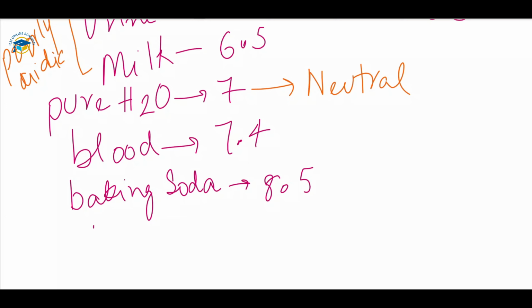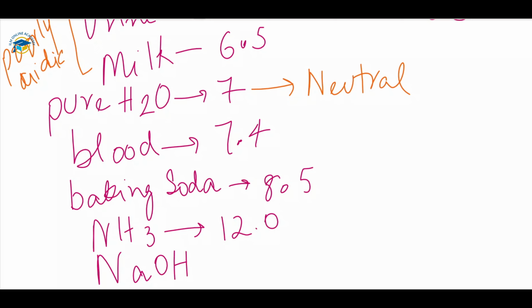And then we have ammonia, NH3, which has a pH of 12. Then we have NaOH, sodium hydroxide, which is the strongest base, and this has a pH of 14.0, and the color of the solution will be violet or indigo or dark purple. So sodium hydroxide is highly alkaline.